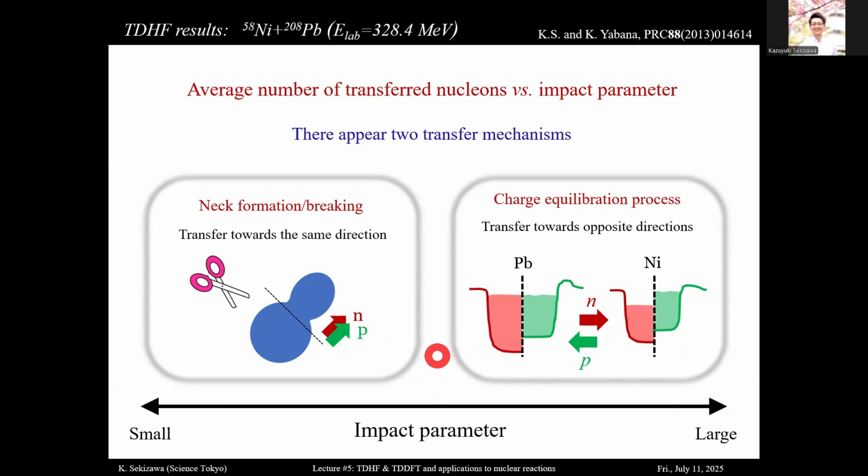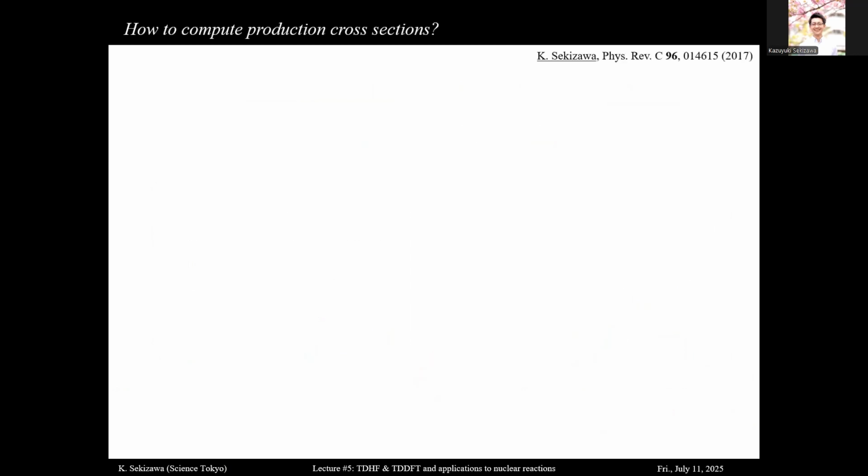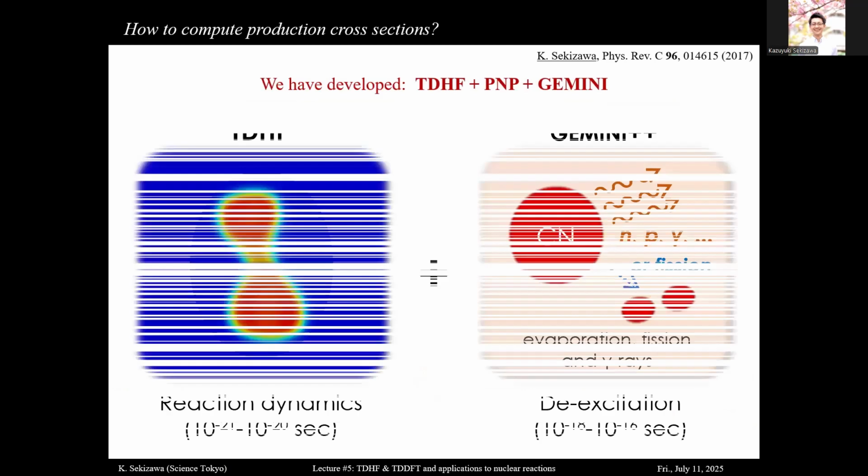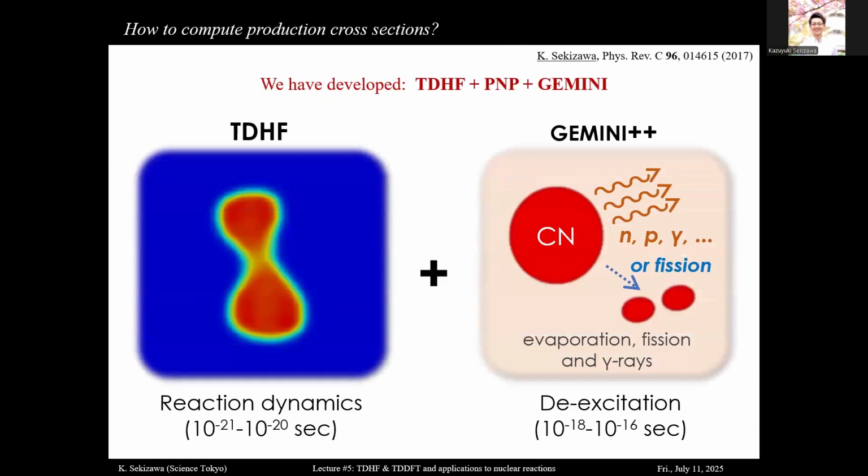Okay, so this is the result of TDHF calculations. Maybe I can skip this, but I just mention that to compare with experimental data, we can use TDHF to describe the reaction dynamics, which occurs on the zeptosecond timescale. A zeptosecond is 10 to the minus 21 second. But in reality, the excited fragment can decay through fission or particle evaporation.